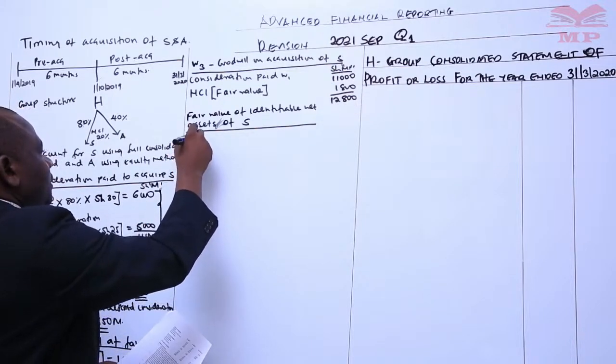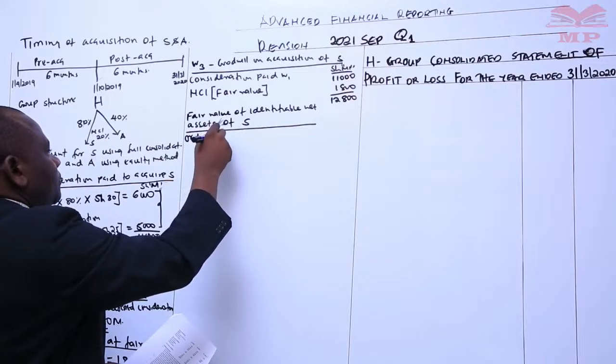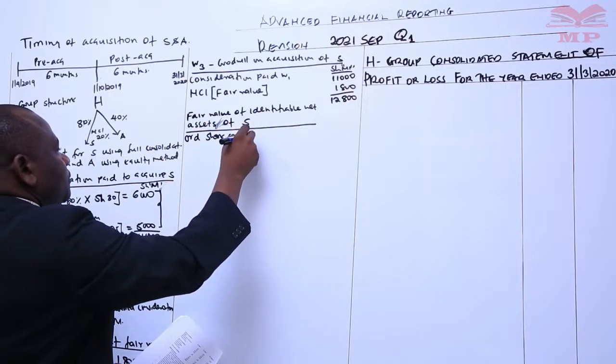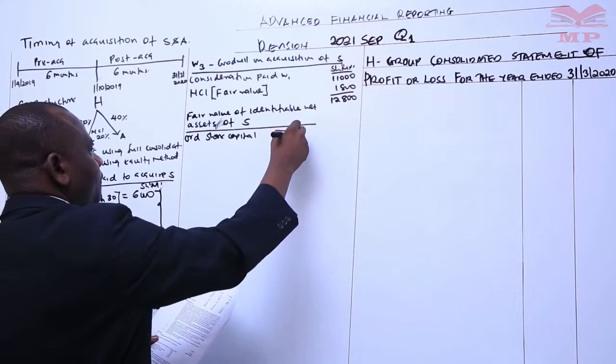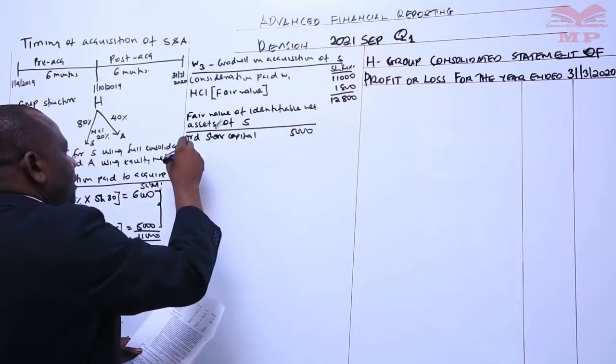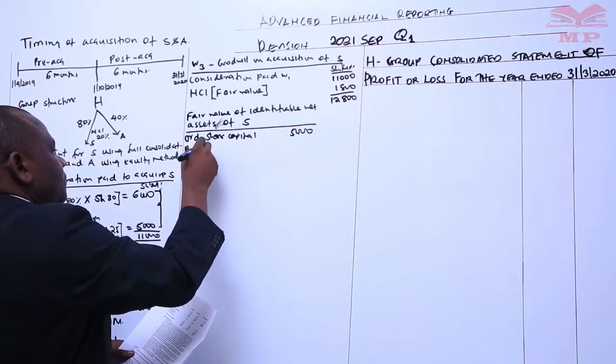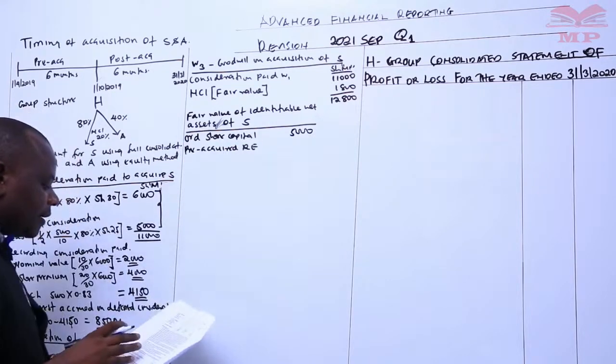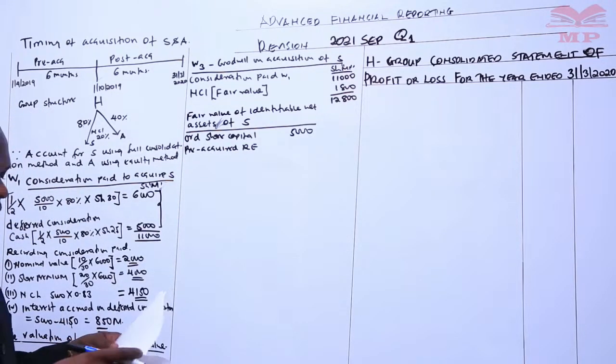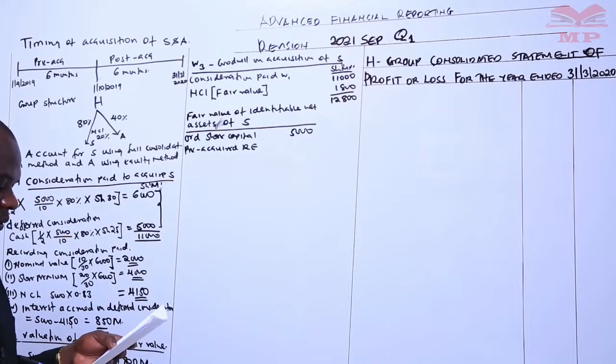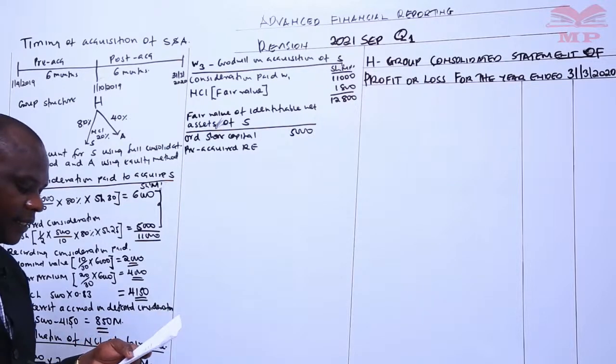So ordinary share capital is 5,000. Pre-acquired retained earnings you are given in the introductory statement.